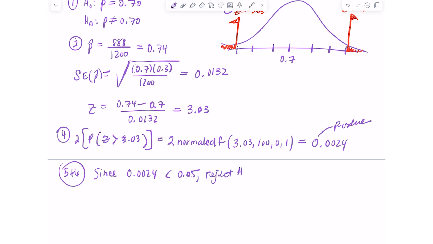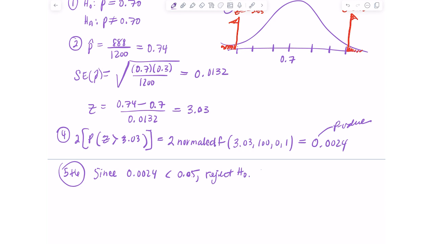Basically what we're saying is, if the null actually were true, if the proportion of students who accepted admission is 70%, the probability that I would see a sample proportion this far off is 0.24%. So therefore, we're throwing out the null. I don't think there's enough evidence to say that the null is true.